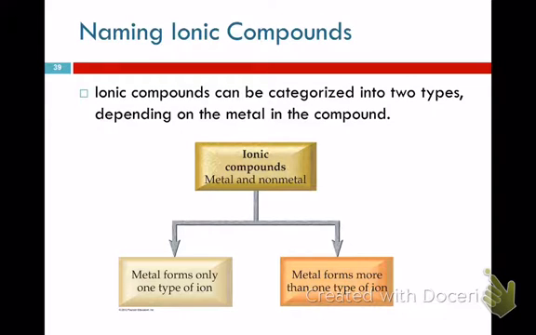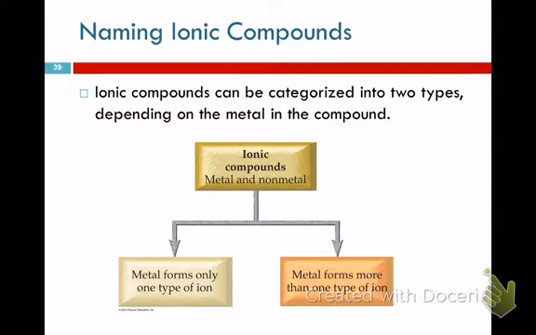So let's just talk about the first name, the name of the metal, okay? So in ionic compounds, there's the name of the metal. There's metals that form only one type of ion, and we've already talked about those.